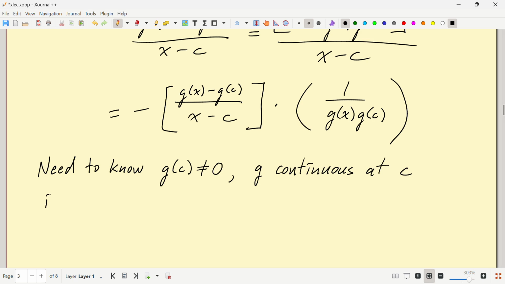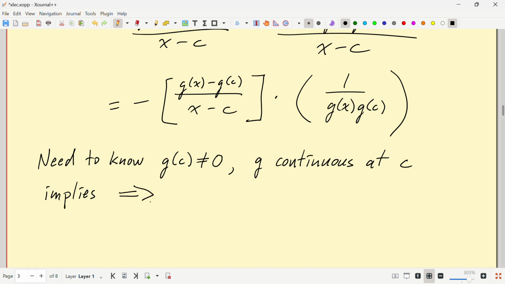That implies that there's a little neighborhood about c where g stays away from 0, so that thing in the denominator doesn't kill us. So g is continuous at c. And we know from recent experience that that implies there is a delta.